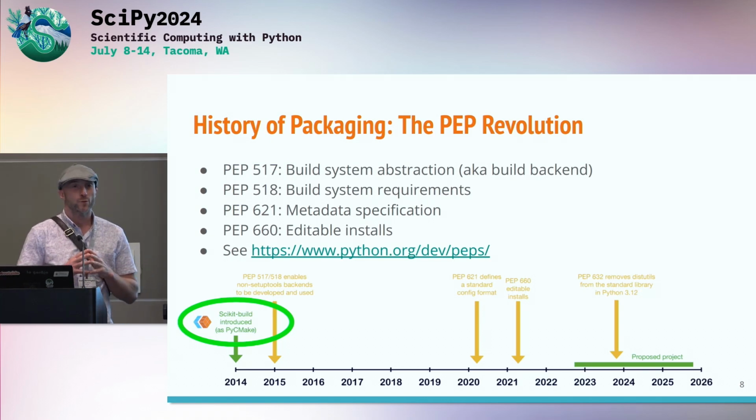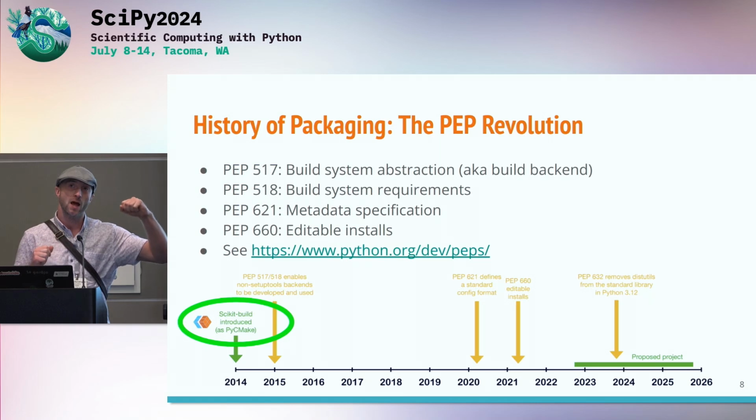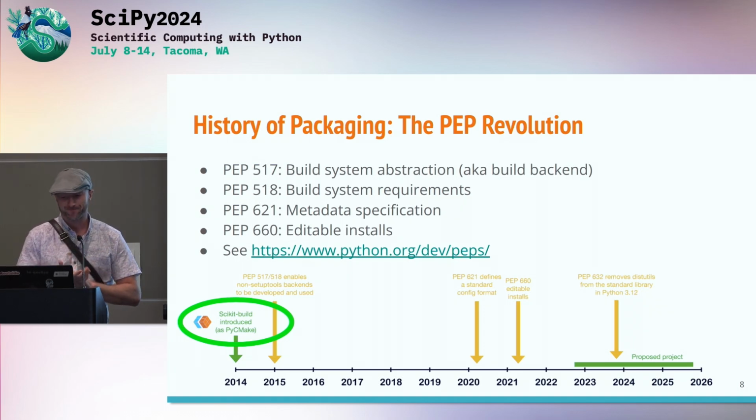To help address some of the limitations, we had what we call the PEP revolution. If you're familiar with PEP 517 and PEP 518, the idea was to decouple what we call the build frontend and the build backend, to enable the implementation of different mechanisms to generate a wheel.